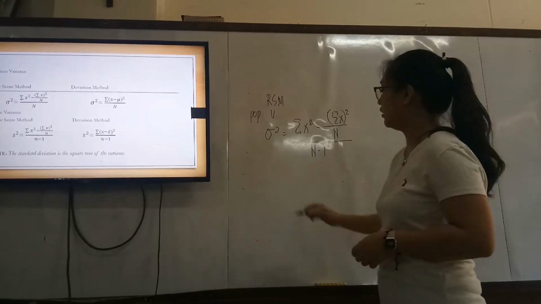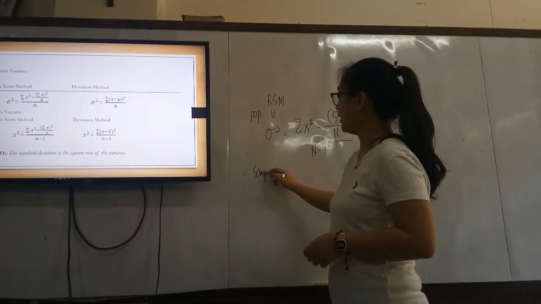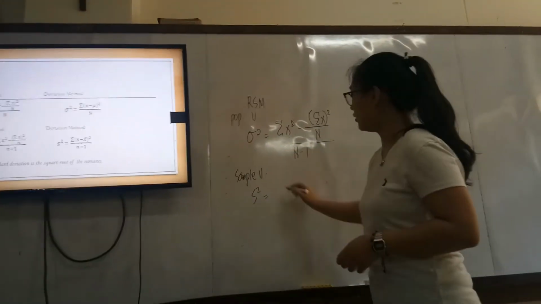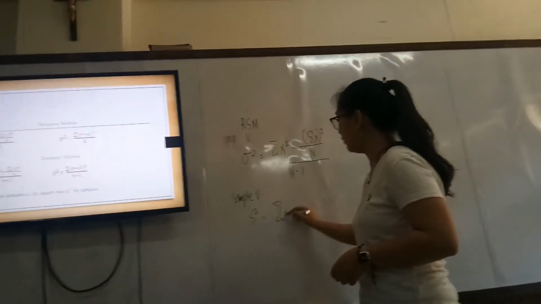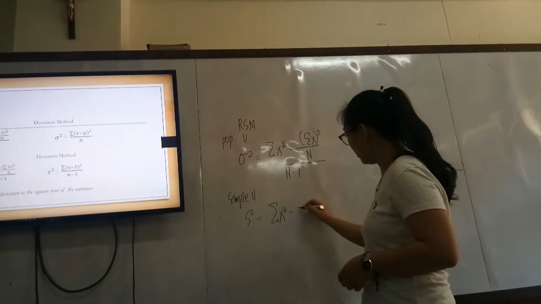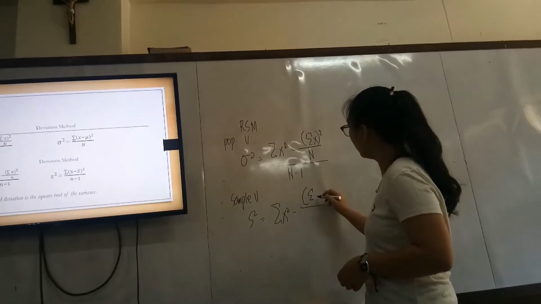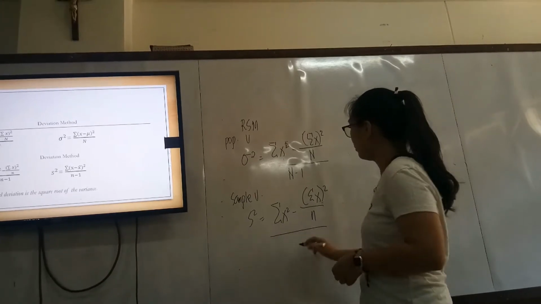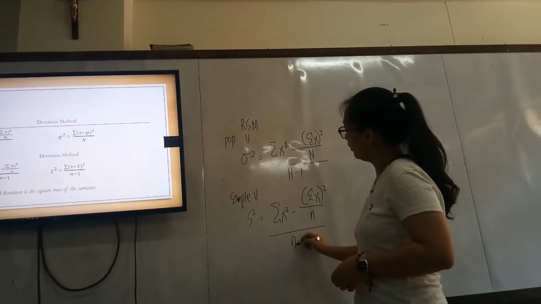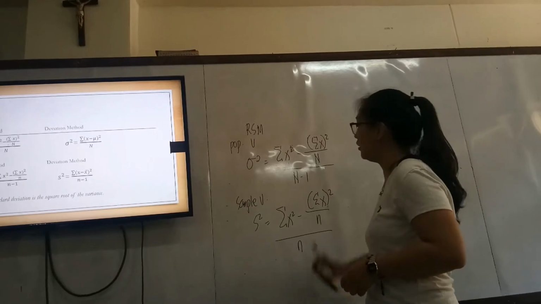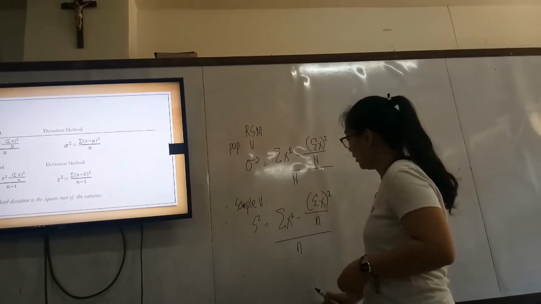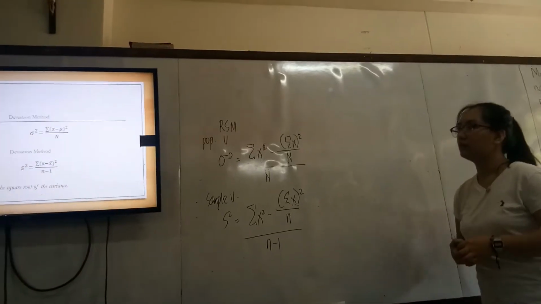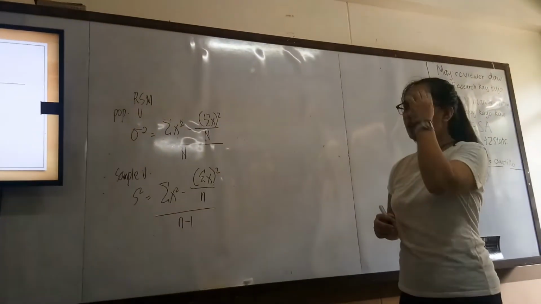Dito naman sa sample variance, s squared is equal to summation of x squared minus summation of x raised to 2 all over n. I'm sorry, there should be no minus. It's n minus 1. Okay?